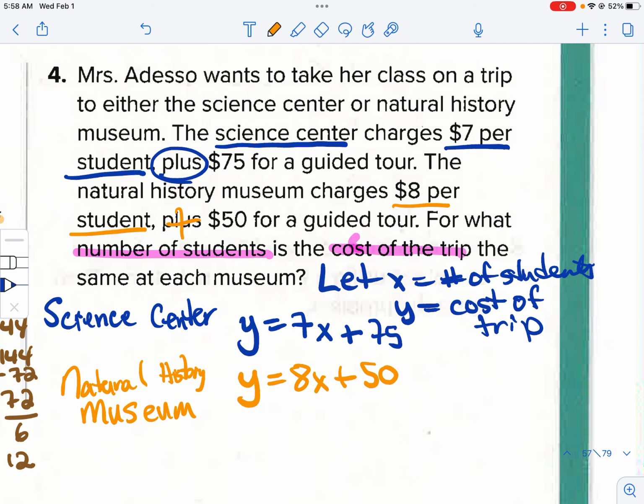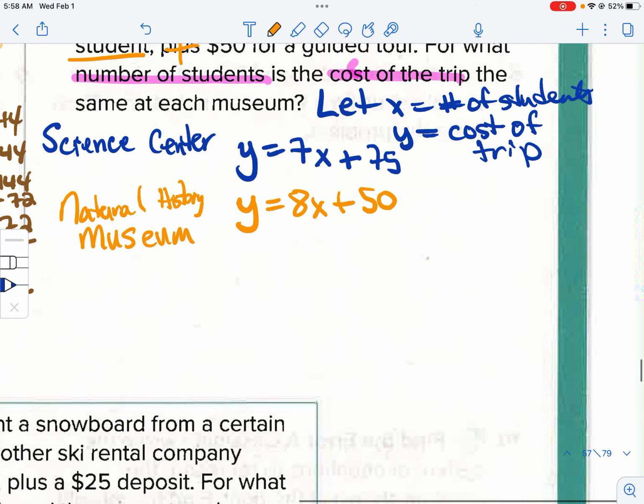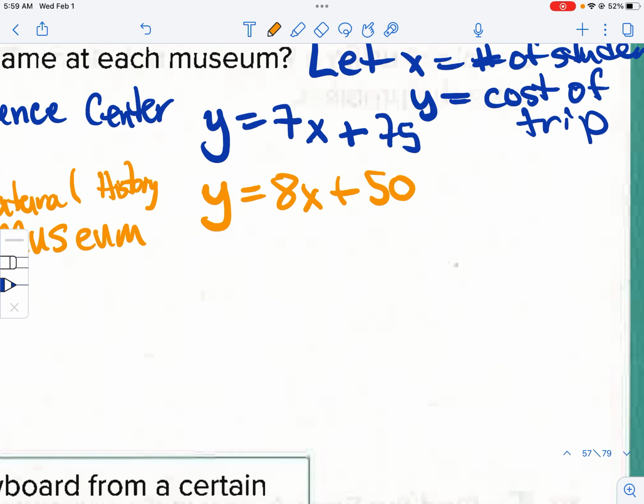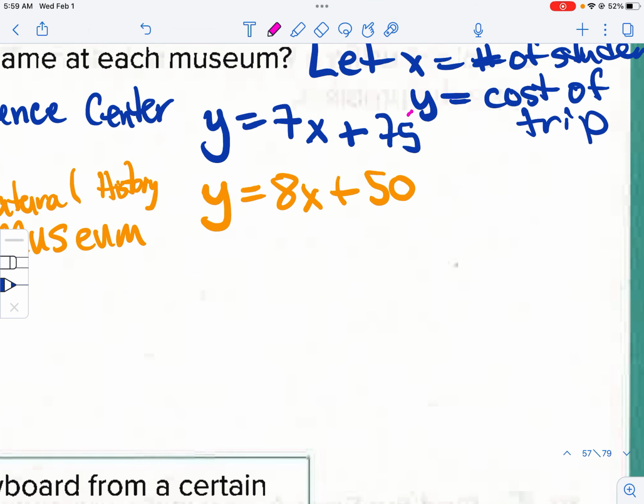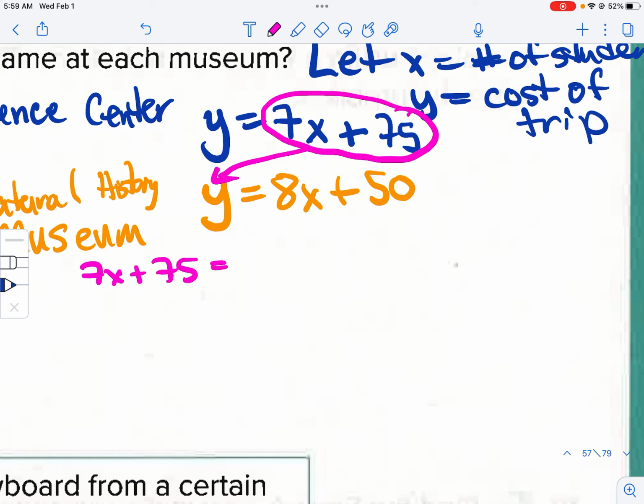Okay. Here we go. Because it says Y equals and Y equals, the easiest one to do is to set them equal to each other. So I'm going to take this right here and I'm going to plug it in for this Y right here. So 7x plus 75 equals 8x plus 50.